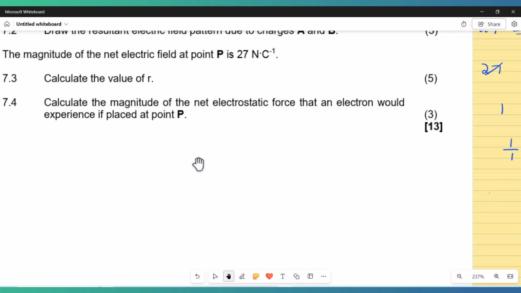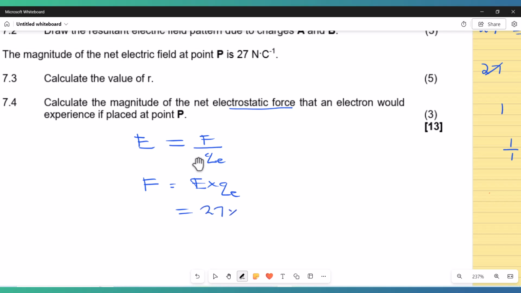Now our E by definition equals the force which is experienced per charge. So in this particular case, we're talking about an electron, okay? So the force will be given by E multiplied by the electronic charge. The E which we have here, they gave us 27, okay?